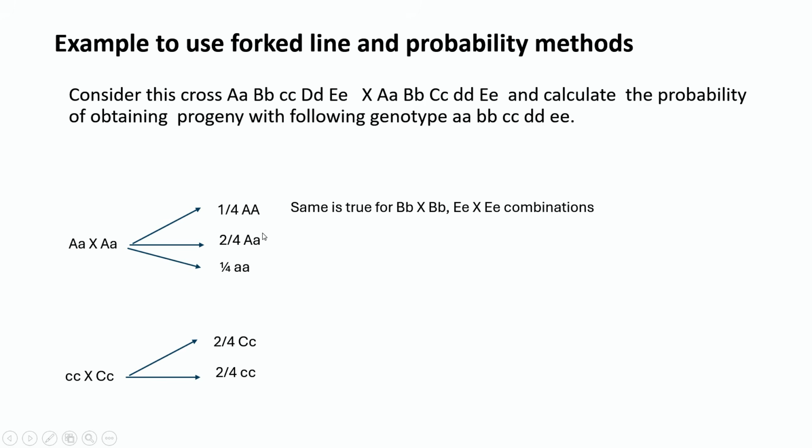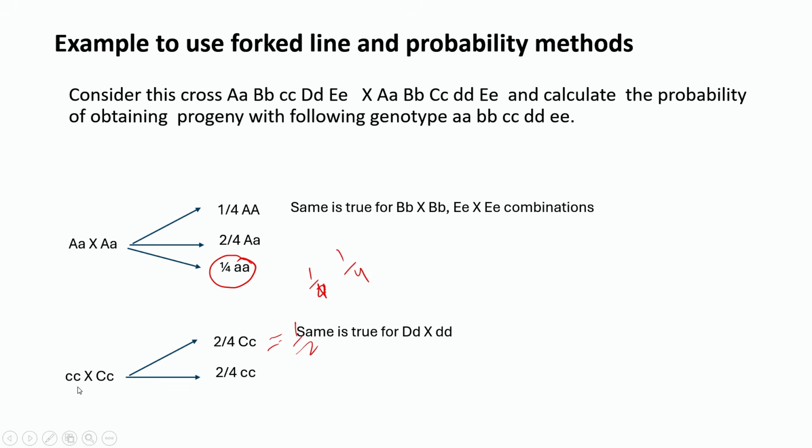So the probability of getting aa or getting bb is exactly the same, 1 by 4, 1 by 4 for bb as well as ee. And the probability of getting small c together or small d together is the test cross ratio, 1 is to 1, right, meaning 1 by 2. So we solve this, 2 by 4 is equal to 1 by 2.